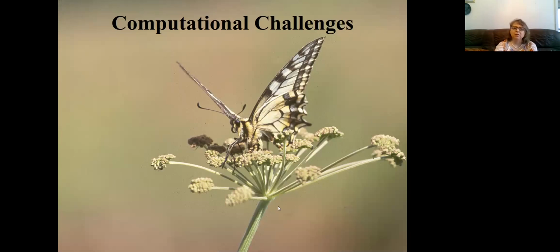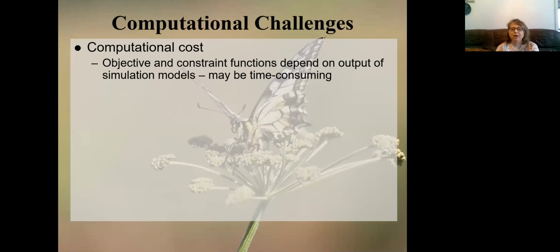Another important element behind the requirements set for multi-objective optimization methods is the computational cost element. I have touched this very briefly so far, but it might be that, for example, objective and constraint function values can only be evaluated by calling a simulator, and the function values are derived from the output of a simulator. And the simulation models might be really time consuming. There might be, for example, partial differential equations to be solved, and this might take time.